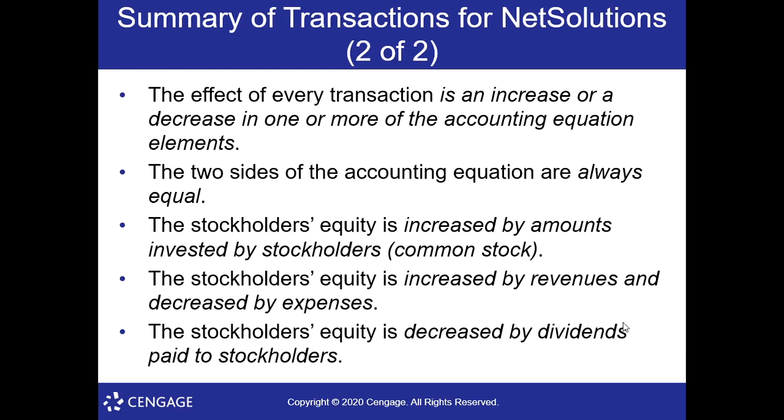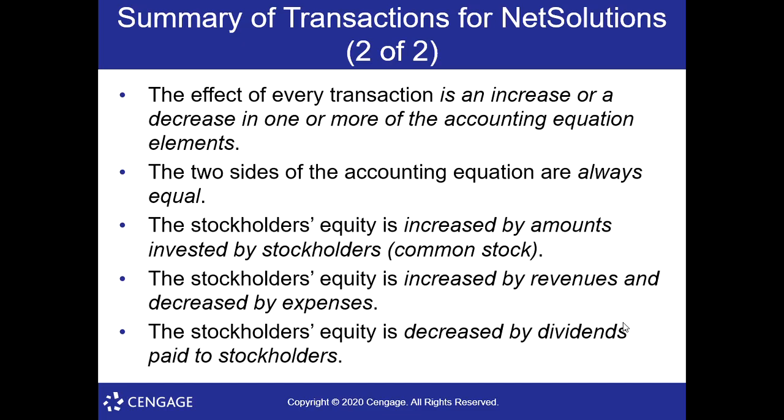Remember, sometimes we were just impacting assets. Remember, like when we purchased the land with cash, that was impacting two different asset accounts. And the two sides of the accounting equation are always equal.